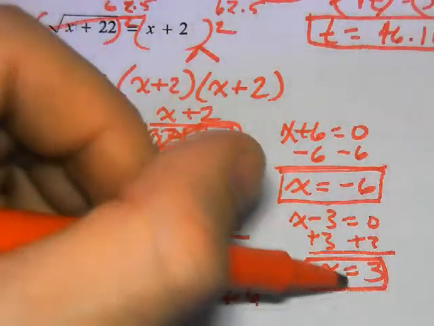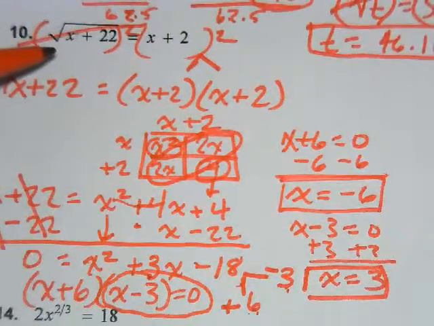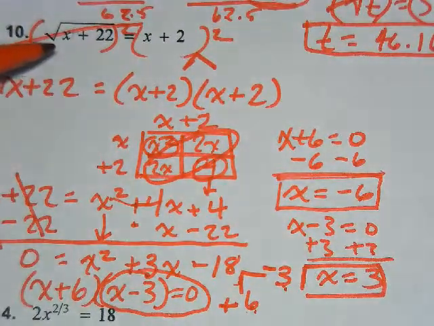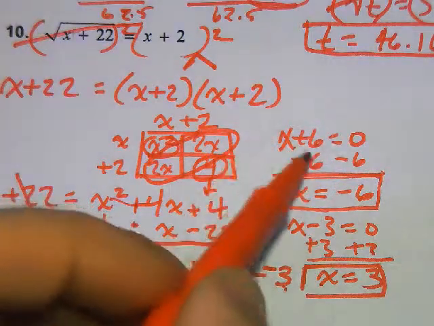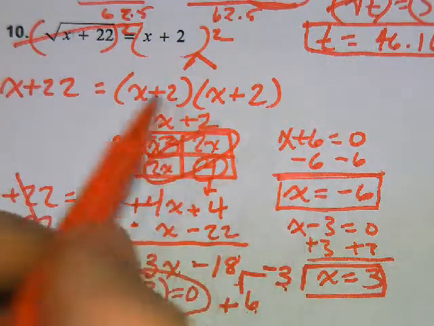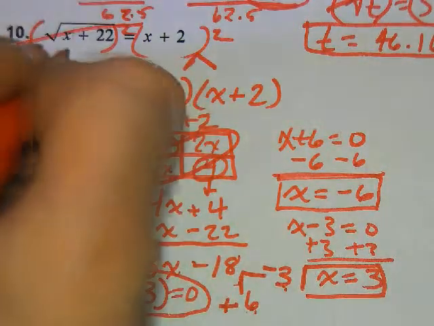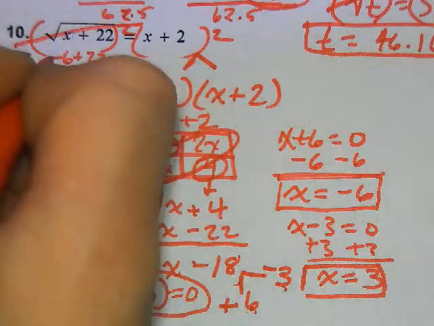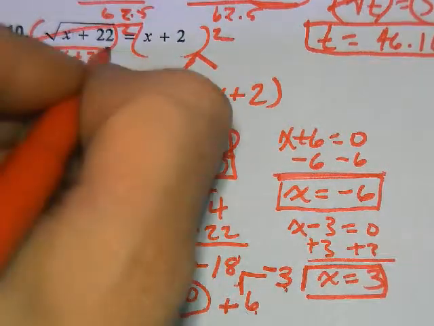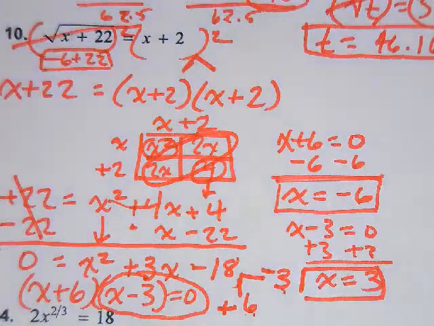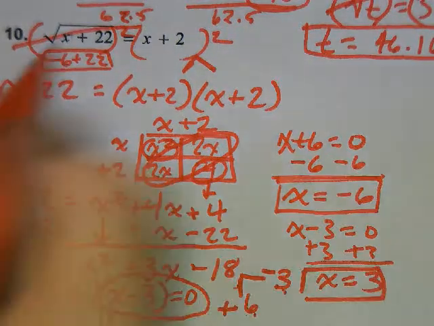Okay? So, if you substitute a negative 6 up here, you have negative 6 plus 22, and that is equaling your negative 6 plus 2 over here.